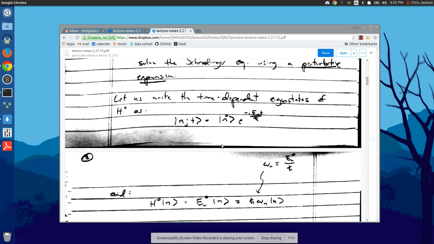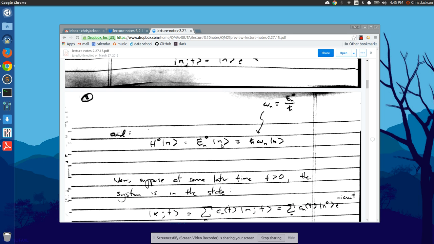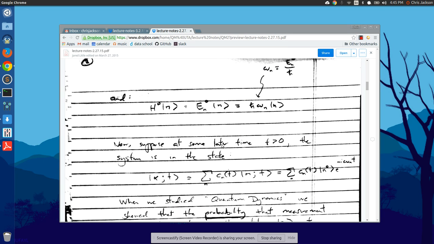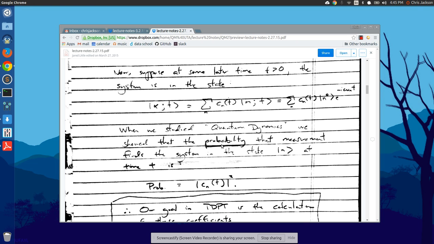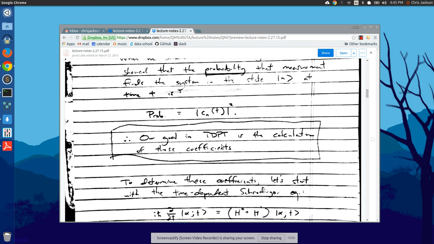We talked a lot about that last semester when we introduced time evolution operators. So there's time dependence from the time evolution operator, and time dependence from our perturbation Hamiltonian. We want to compute probabilities for transitions, and these probabilities are given by the modulus squared of these coefficients.